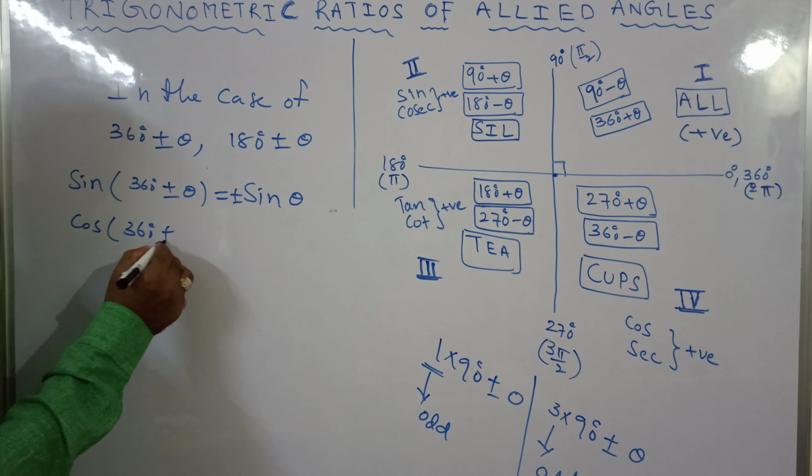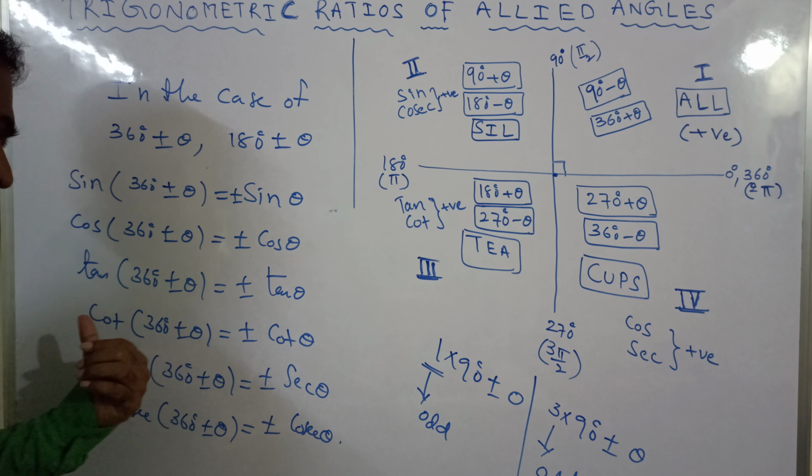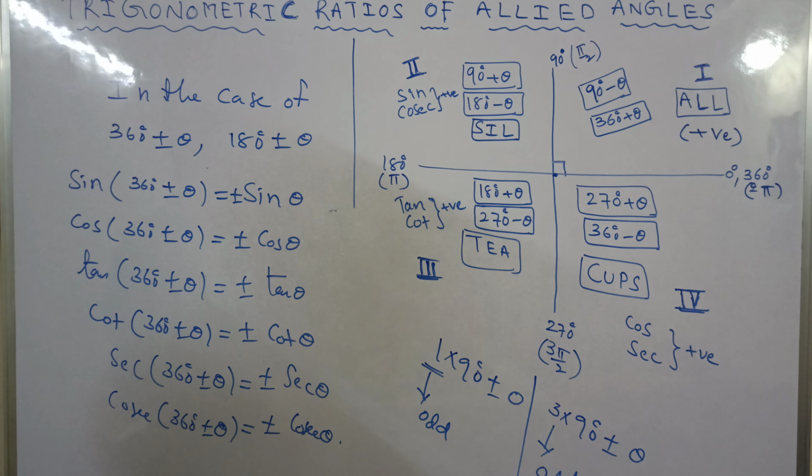Next, secant 360 plus or minus theta equals plus or minus secant theta. Cosecant 360 plus or minus theta equals plus or minus cosecant theta. In the case of 180 also it is the same: sin is sin, cos is cos, tan is tan, cot is cot, secant is secant, cosecant is cosecant.